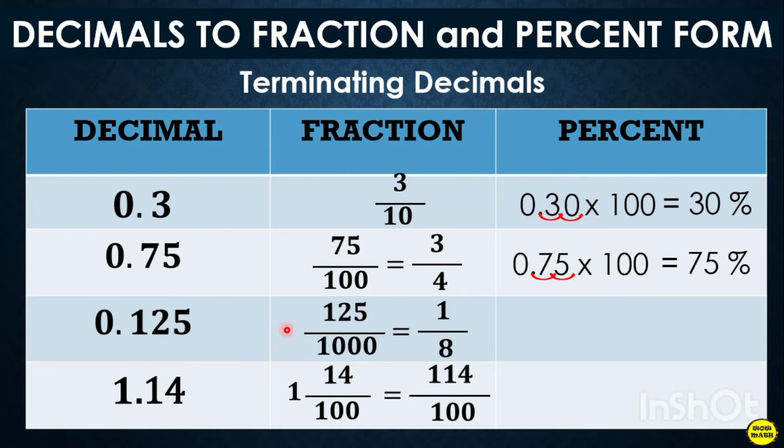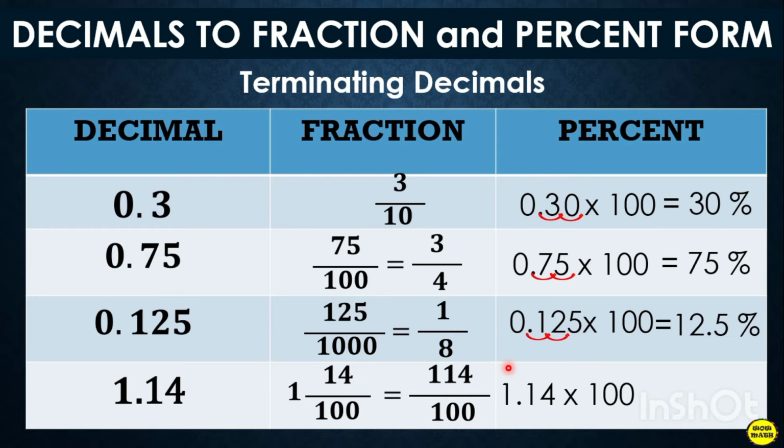Next, I have 0.125 times 100. We multiply it by 100 because a percent is always 100%. So, by multiplying it by 100, you just have to move it twice to the right. So, 1, 2. The decimal point has moved here. So, that is 12.5%. How about 1.14? What is its equivalent into percent?